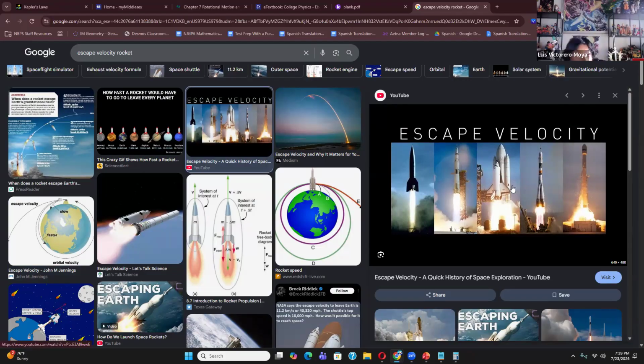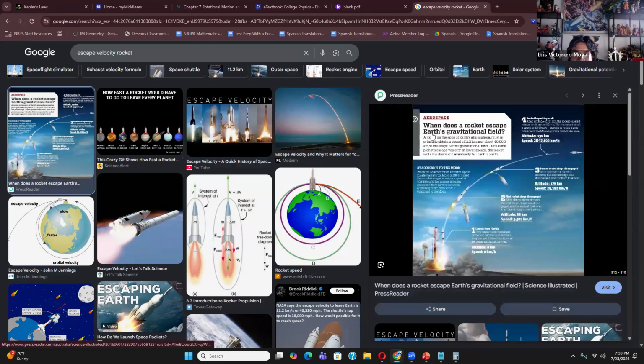And you may think it's simple, but no, it took us several years to actually understand and correctly do this, right? So, how does a rocket escape Earth's gravitational pull, gravitational field? Now we can talk about gravitational fields, right? It's a property of a planet. The gravitational field is due to the size of the planet and the mass of the planet.